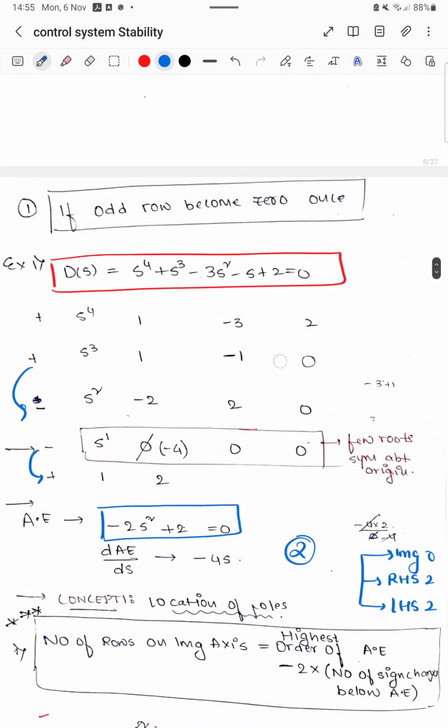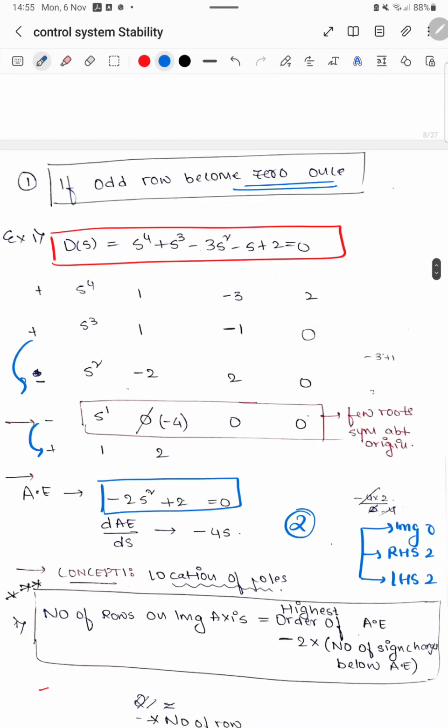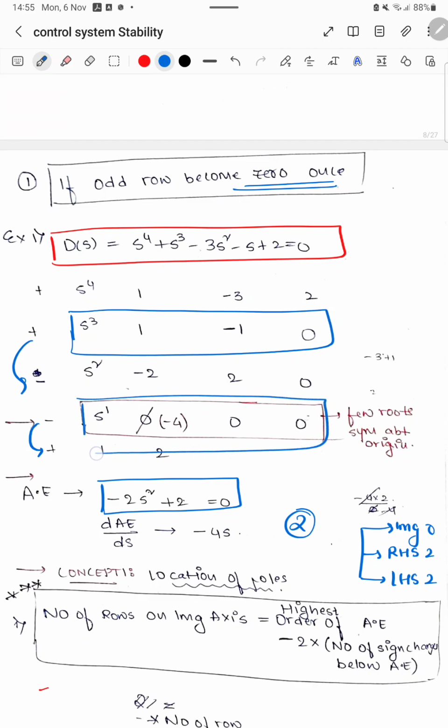Now here only one odd row is becoming 0, but let's say 2 odd rows were becoming 0, let's say this row and this row. In that case, for finding imaginary poles, the highest order would be 3 and alpha would be probably 1 and 2.